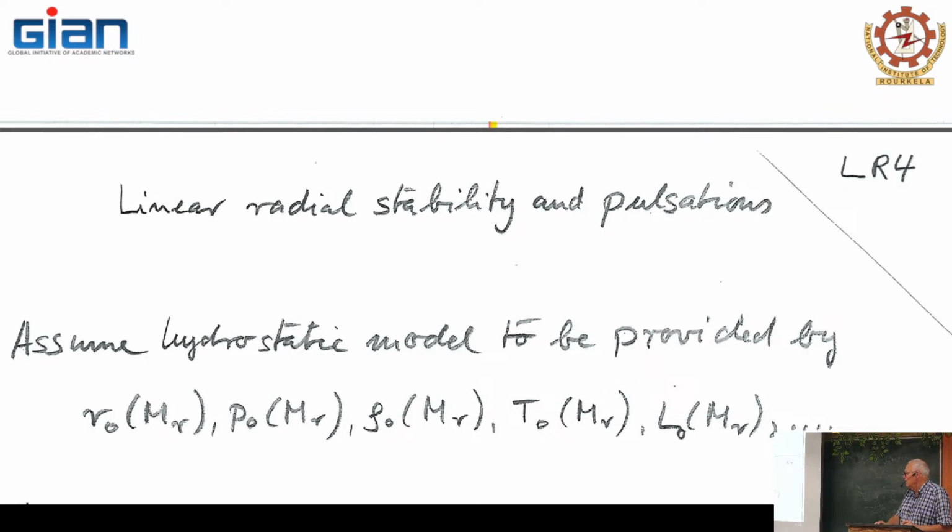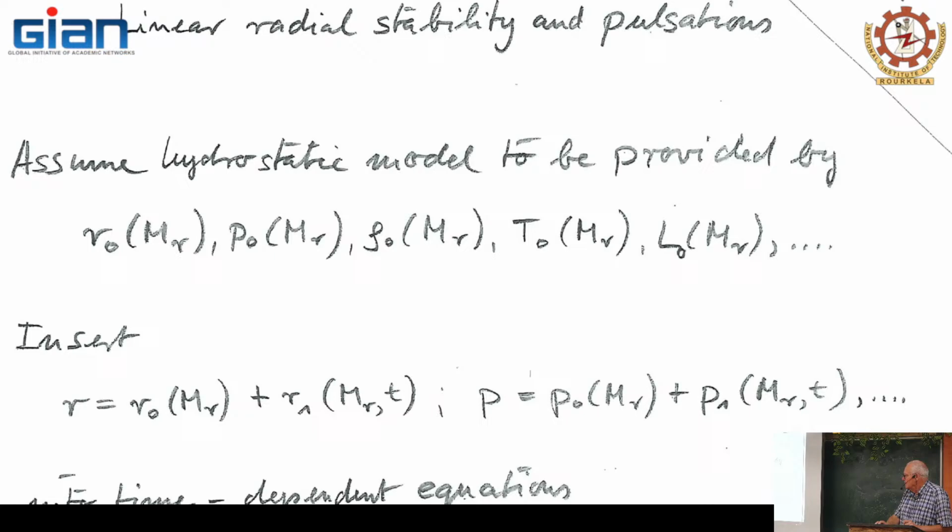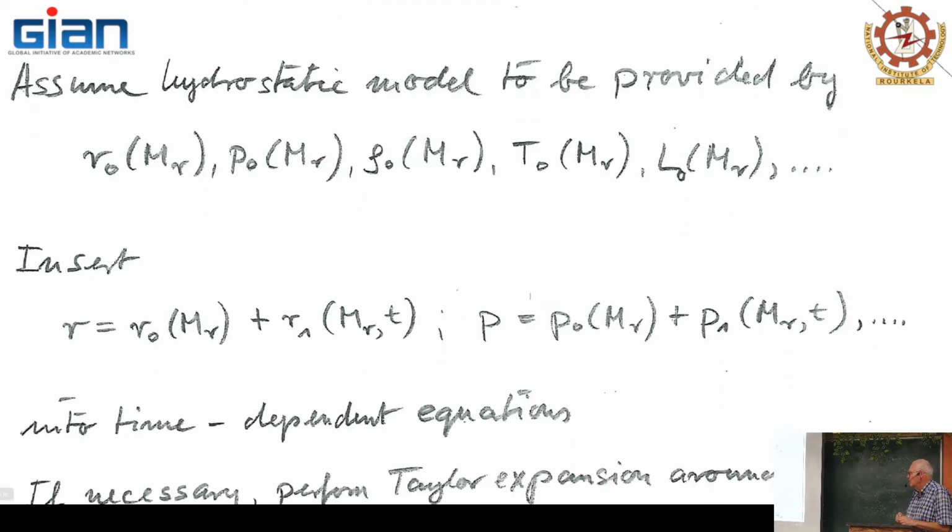Our approach is then to assume small perturbations to it. So we say R is R0 as a function of m plus the perturbation R1 depending on mass and time, the same for the pressure and luminosity and temperature and so on. So we insert these into the time-dependent equations. We have seen these before.